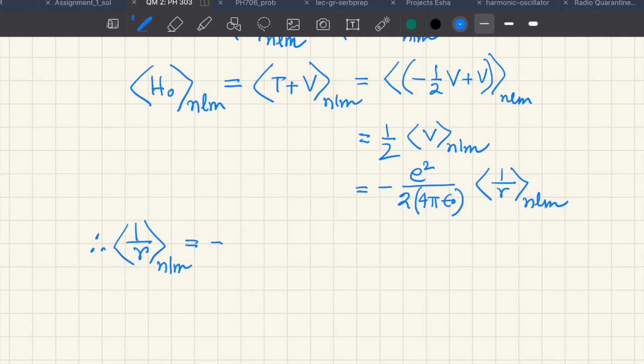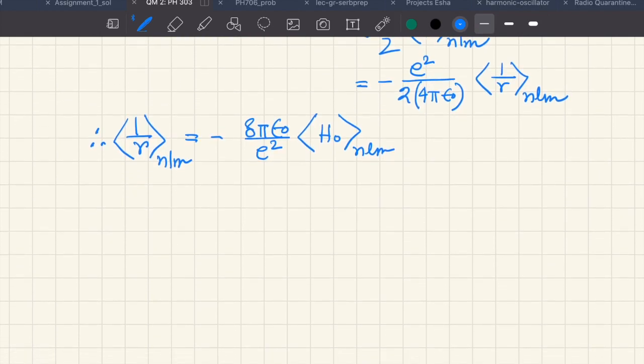It is nothing but minus 8 pi epsilon naught by e squared times the expectation value of the H naught operator in the NLM state. But we exactly know how to calculate this expectation value of the unperturbed Hamiltonian in the basis states.